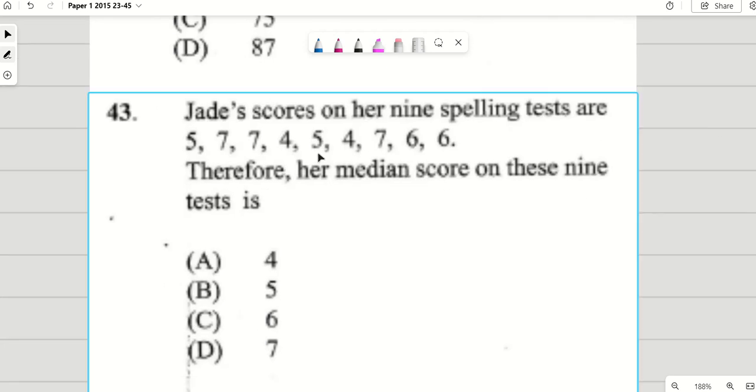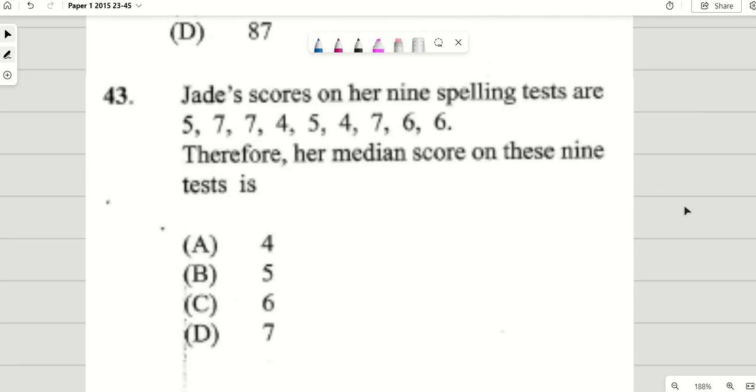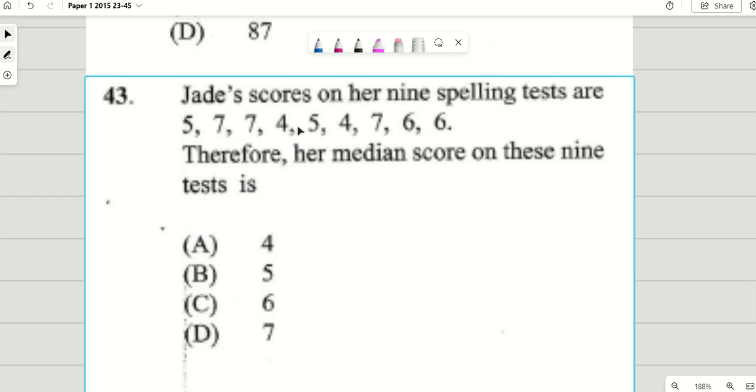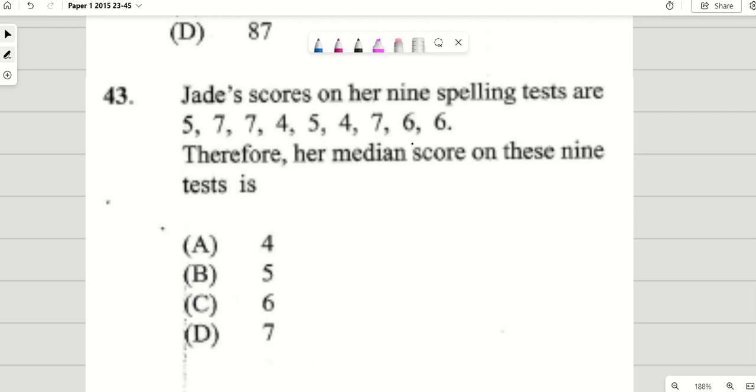Now guys, I know I didn't teach this, but I read up, and when you have test scores like this, you have to put them from smallest to largest. So the smallest is 4, so you'll have 4, then 4, then 5, then 5, then 6, then 6, then 3 sevens.